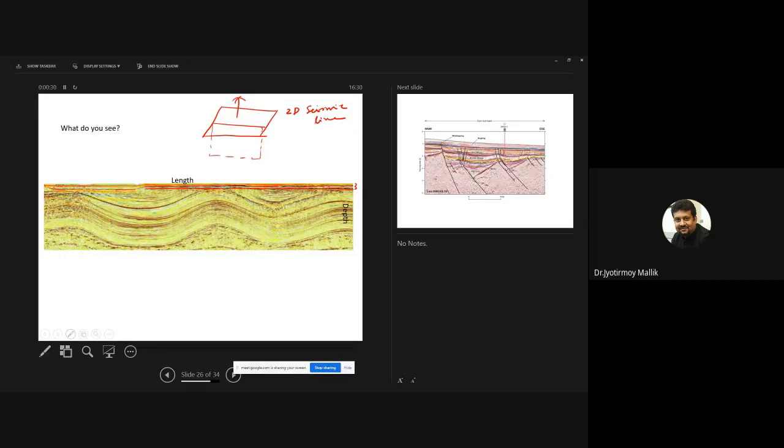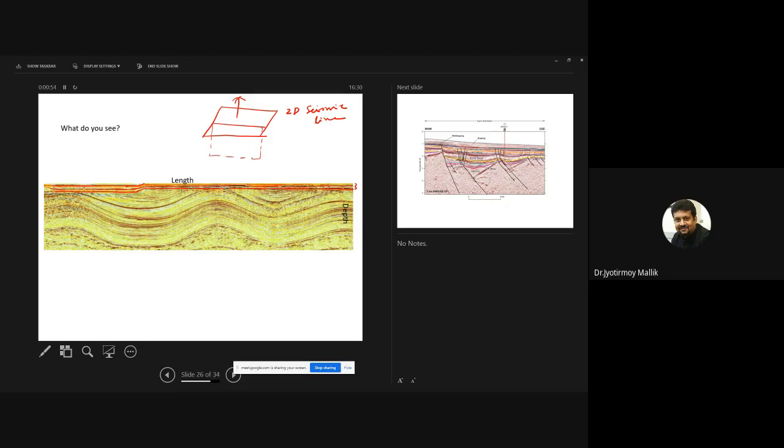And then I can see there is a small break. The dip actually changes. So what it means, this break could be anything, but most likely this is a shelf break. That is, we are coming from the onshore to the offshore.